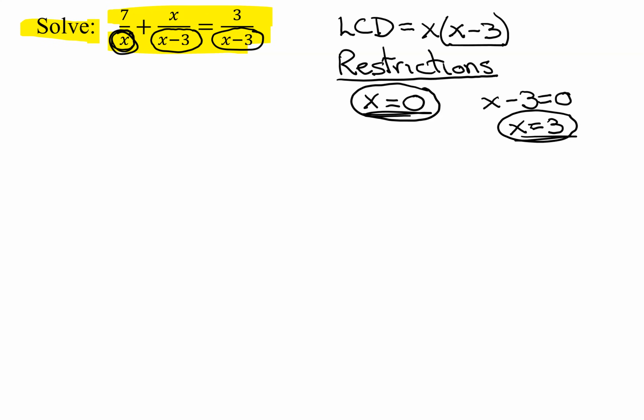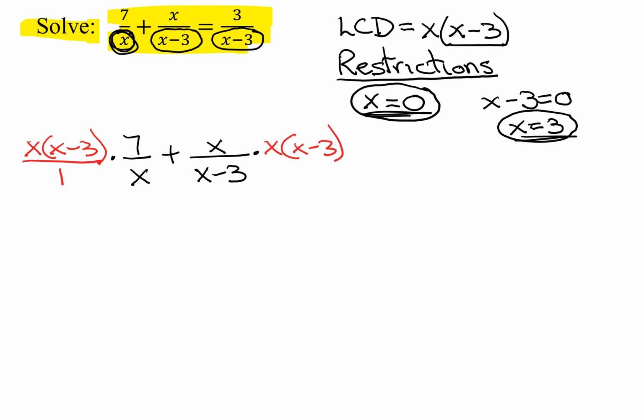So now we're ready to multiply the LCD by every single term in our equation. So I'm going to have x times x minus 3, and to help me out, I'm going to divide it by 1, multiplied by 7 over x, plus x over x minus 3, times my LCD again, x times x minus 3 over 1, equals 3 over x minus 3.